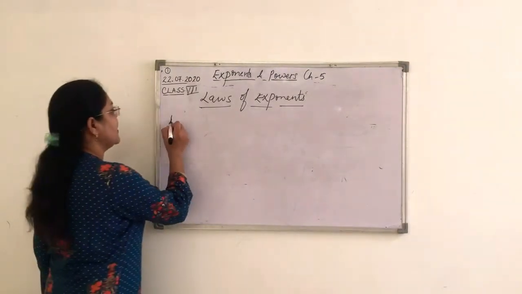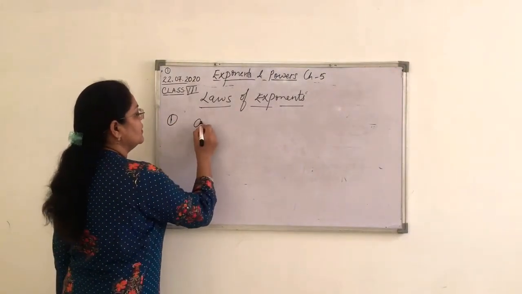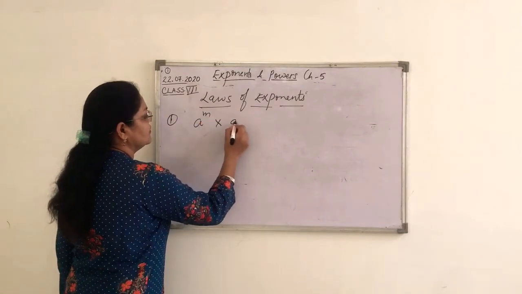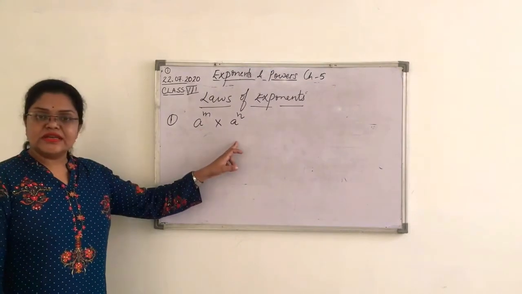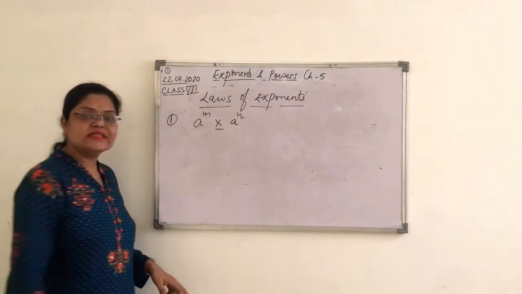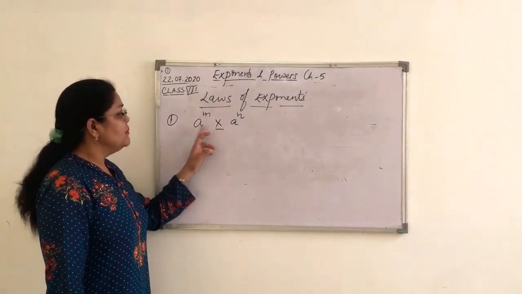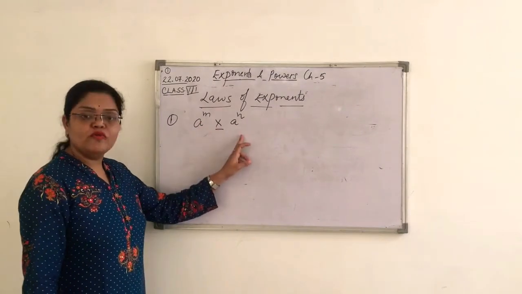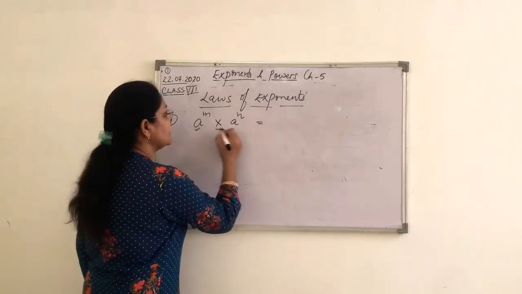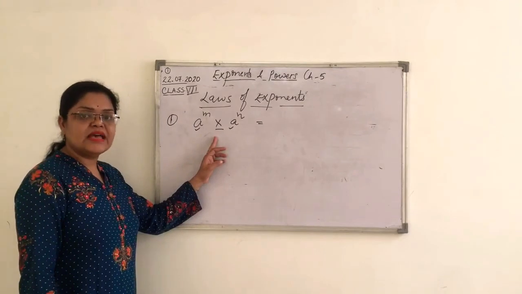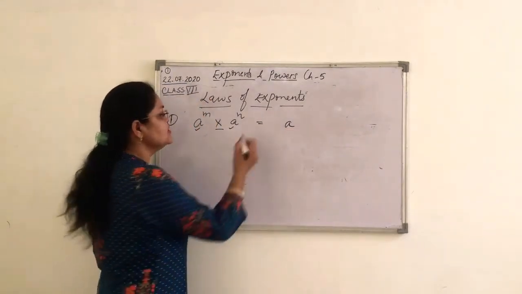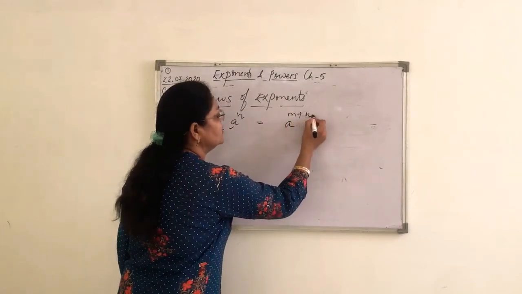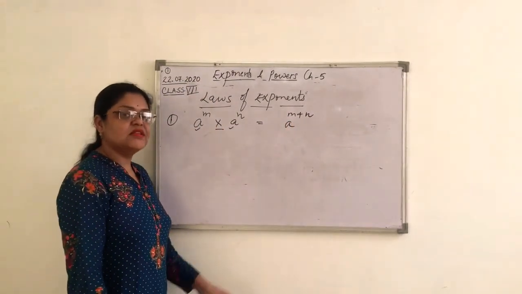The first law: when two exponents are given, bases are the same and there is a multiply sign in between, you write the base as it is and you add the exponents. This is the first law.